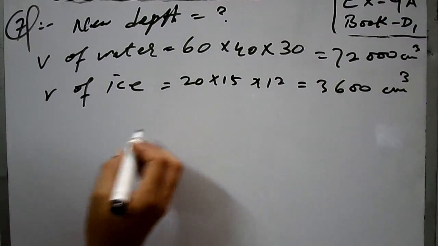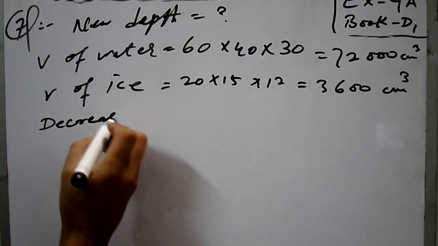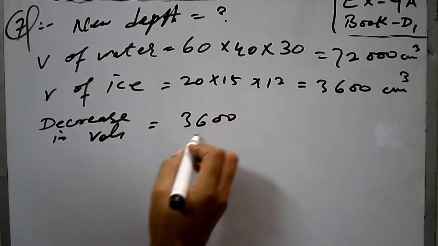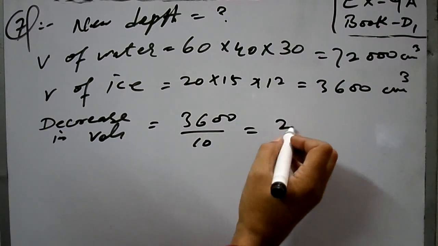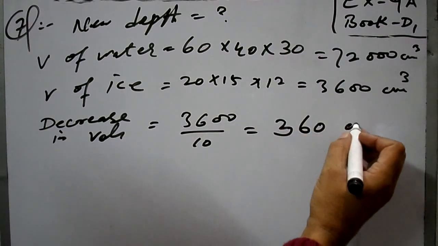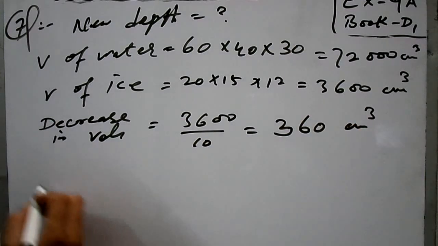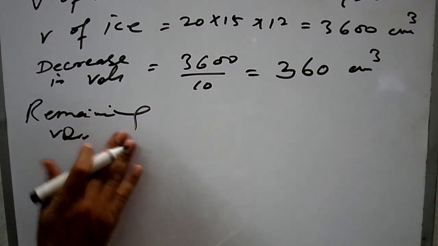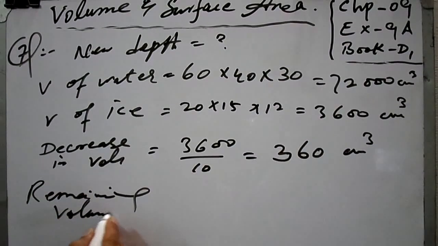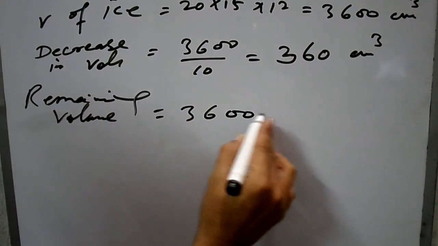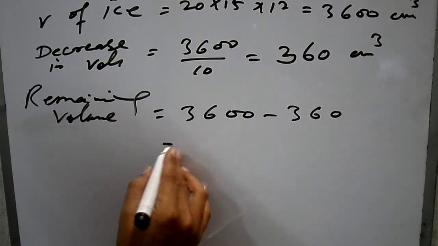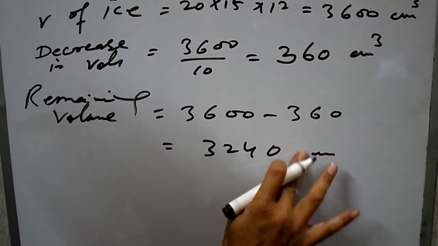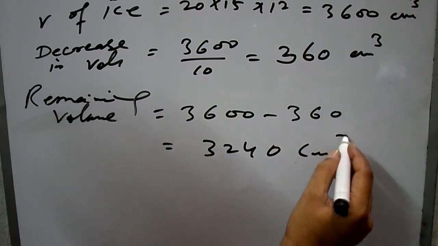Similarly, the decrease in volume is equal to 3600 divided by 10, so you will get 360 centimeter cube. The remaining volume will be 3600 minus 360, because it is decreased by 1 by 10, so after subtraction you will get 3240 centimeter cube.